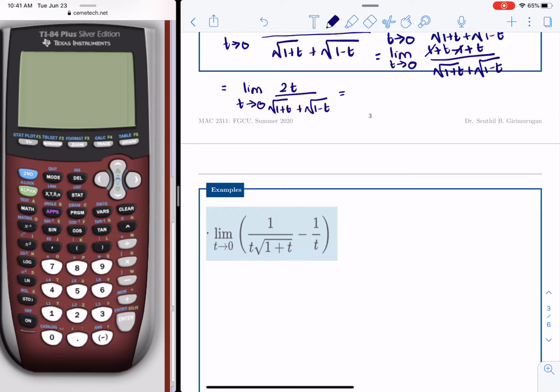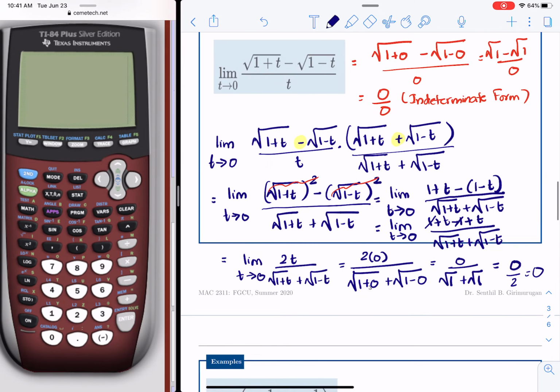So 2 times 0 divided by square root of 1 plus 0 plus square root of 1 minus 0, which is 0, divided by square root of 1 plus square root of 1, which gives us 0 over 2.